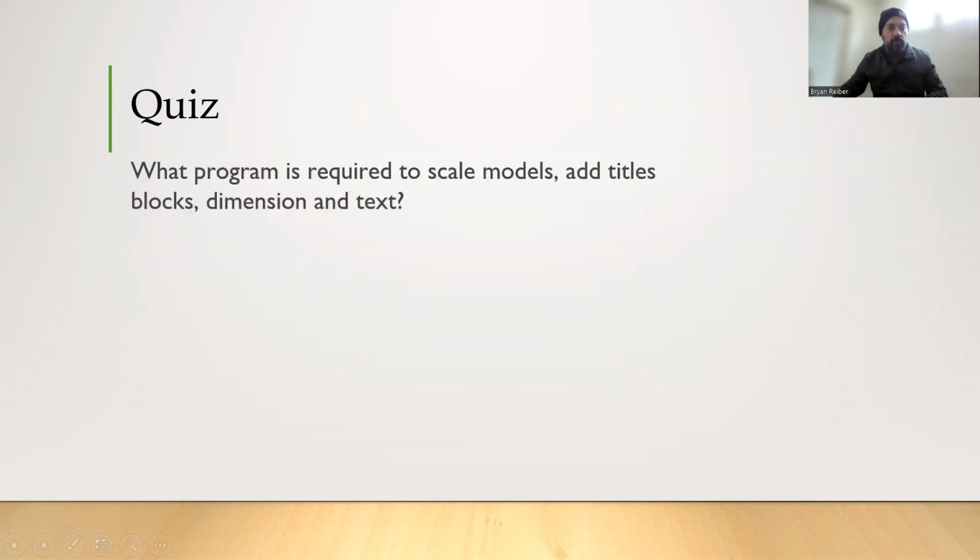What program is required to scale models, add title blocks and dimensions to text? That's the 2-part program with SketchUp, where you'd model and layout, where you would transfer that model and you would scale it either larger or smaller to fit on whatever size paper you want to print this out on. So this is the back and forth with it, and you really do require fluency in layout to create architectural plan sets versus a 3D model.